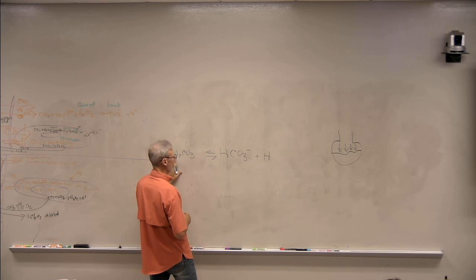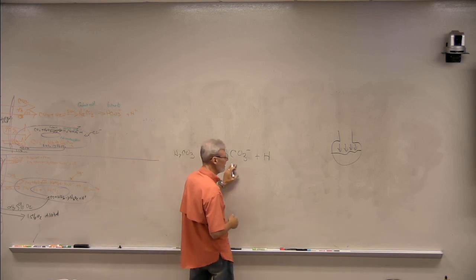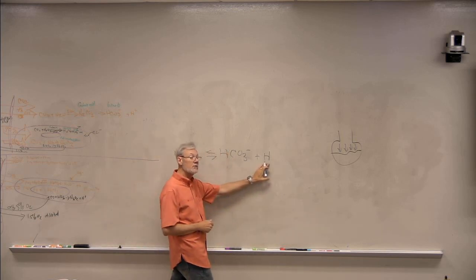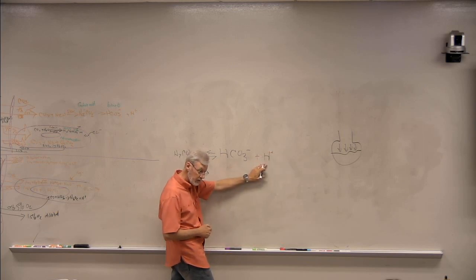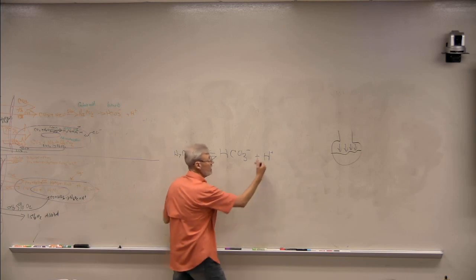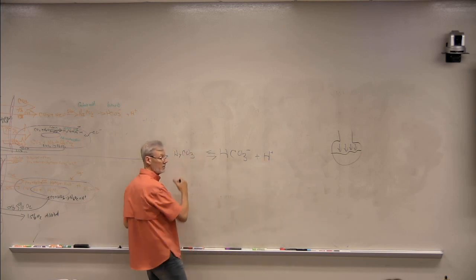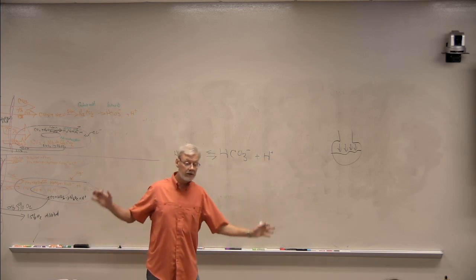And what happens is this reaction can go this way and we liberate hydrogen. And hydrogen in the blood, remember the pH scale is a measure of hydrogen, right? But by the way, when the blood's too acidic, too much hydrogen, it'll go this way. So it's a buffer, right?